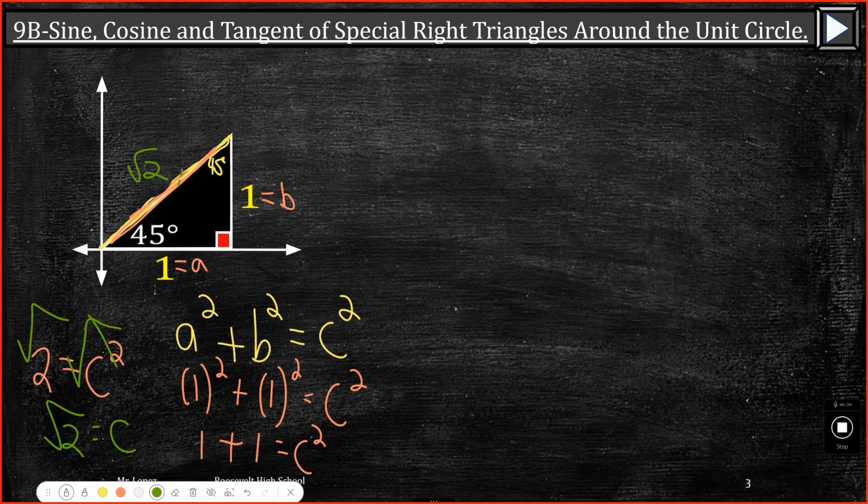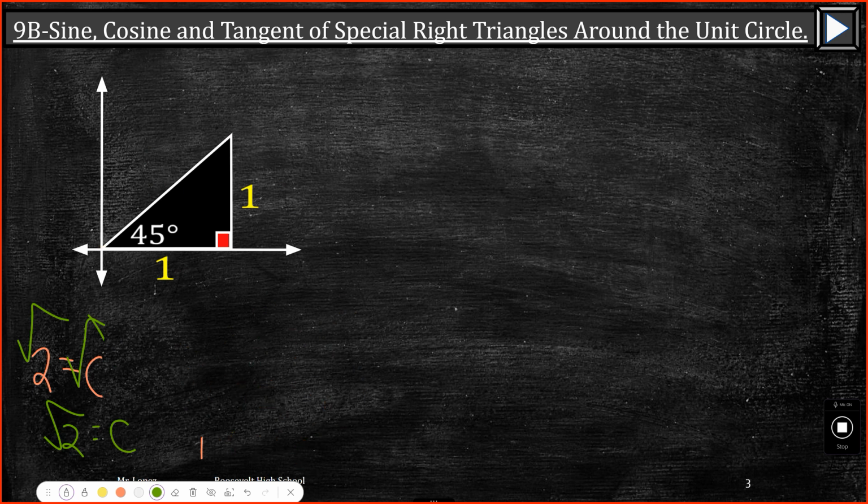So about 1.41. If somebody had said 1.4 or 1.5, I would be like, okay, you got a good guess. So this is 1, this is 1. If this is to scale, 1.5, 1.4, yeah, it looks like it. It's not 45.